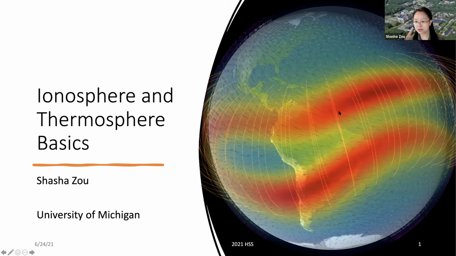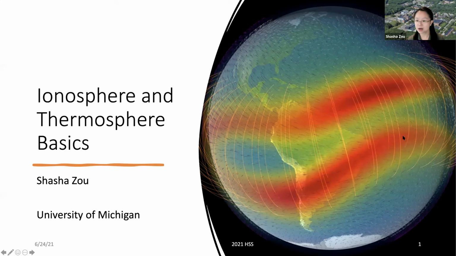I borrowed this plot here from the NASA Goddard Scientific Visualization Lab. They produce those fantastic plots and movies for us to use. So what is plotted here, the color contours, are the ionosphere F-region density.